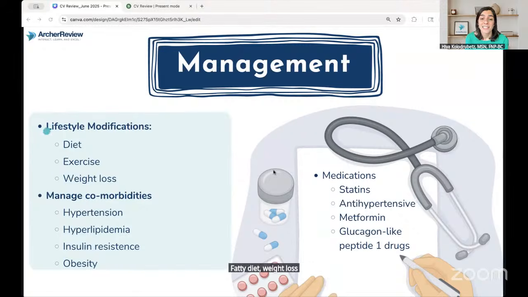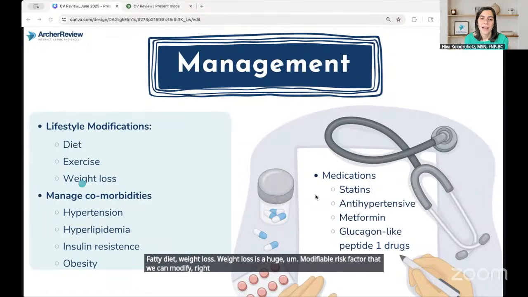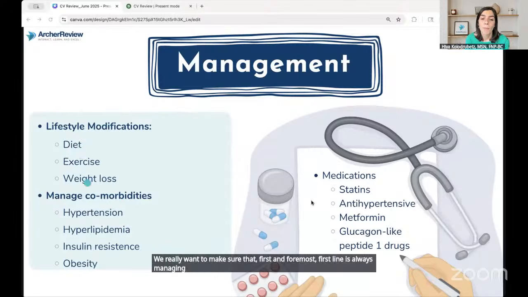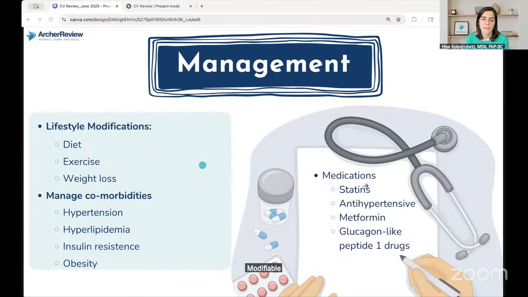Weight loss is a huge modifiable risk factor that we can modify, right? So weight loss, helping our patients with weight loss, either through diet and exercise or with diet and exercise and pharmacology, those GLP-1s we talked about last week. We really want to make sure that first and foremost, first line is always managing those modifiable risk factors, the lifestyle modifications.